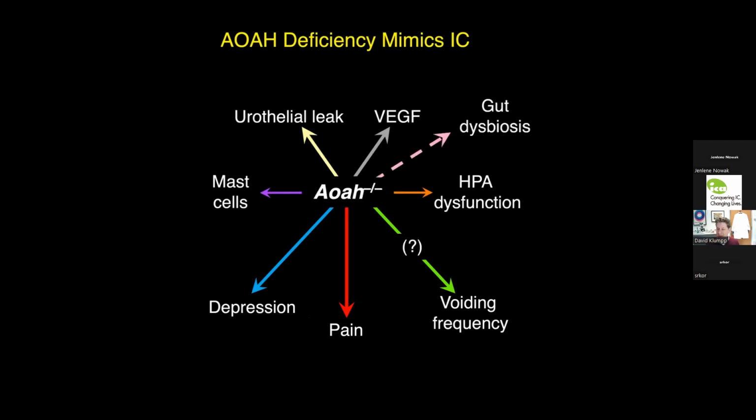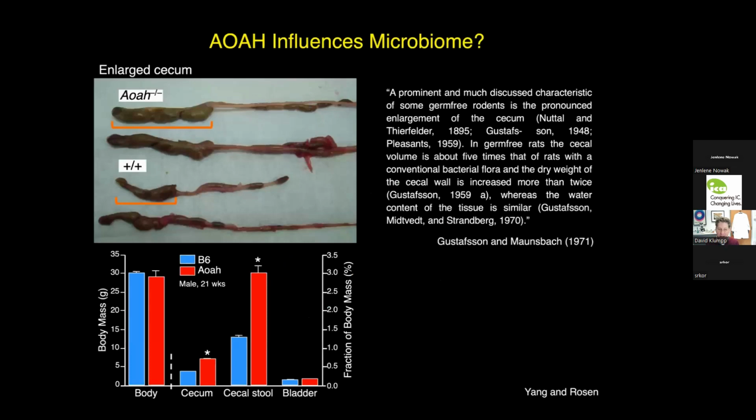They also have perhaps gut dysbiosis, and that came to us when my postdoc was dissecting these mice. This is the GI tract of a mouse here, and here's a normal mouse, and this structure here is called the cecum. This is very small in humans, but it's large in a rodent. But you can see in an AOH deficient mouse, it's much bigger, and I had no idea what that meant when Bin showed me this.